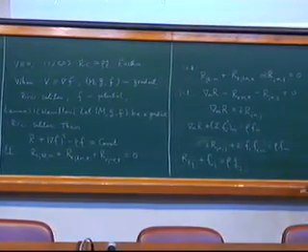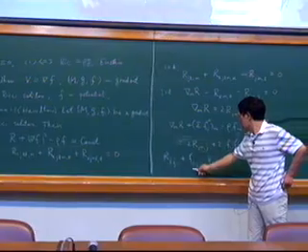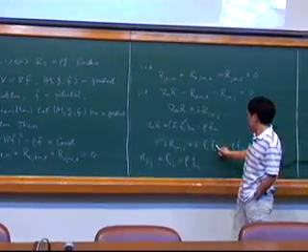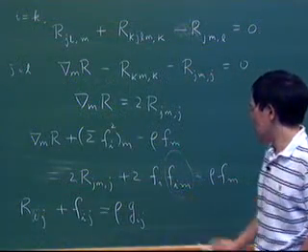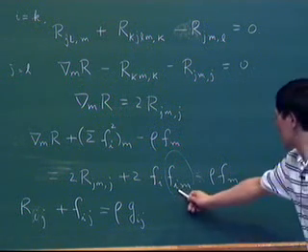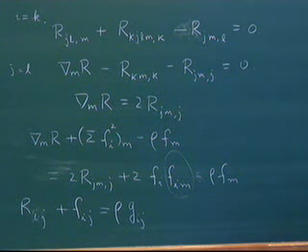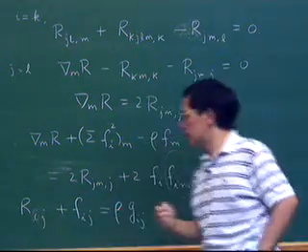From this equation, we substituted the Fij to here, and then this one goes to Jm here. So we need to compute this.